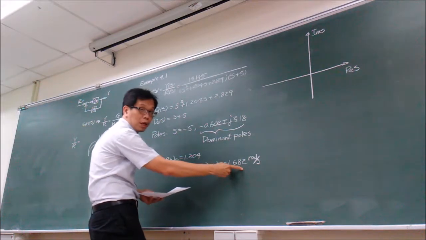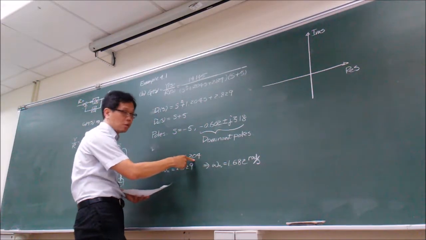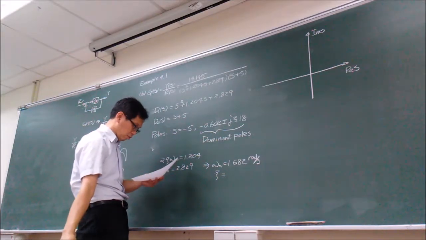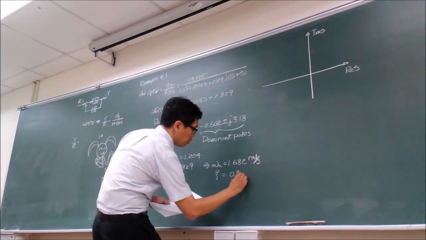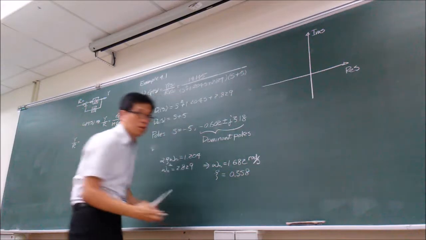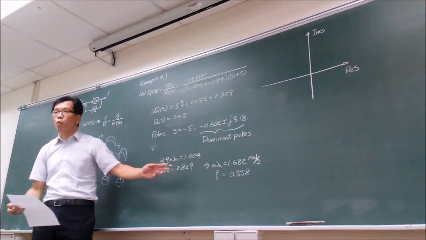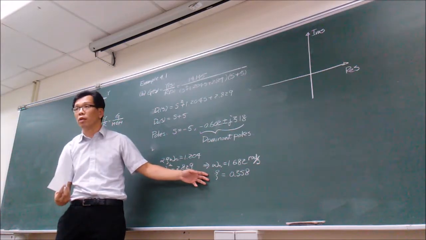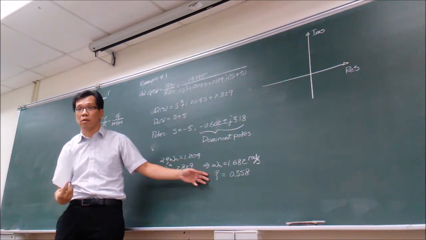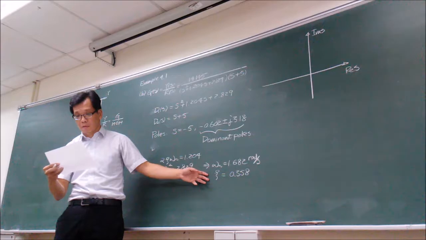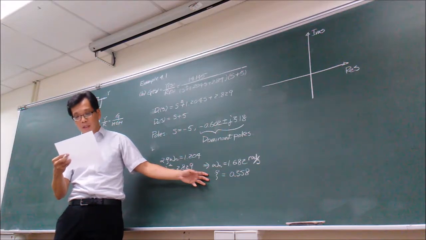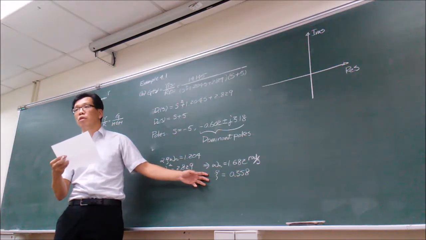And if you plug this number back into this equation, you get your damping ratio equals 0.358. When we get those two things, what do I need to calculate? Since I'm telling you this is going to be the slower one, what do I need to come up with? We need to find out damping ratio, natural frequency, settling time, and peak overshoot.